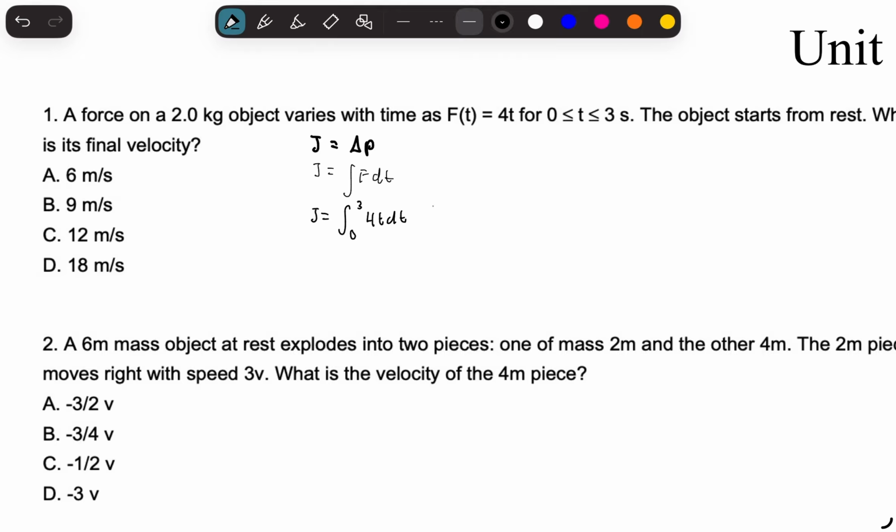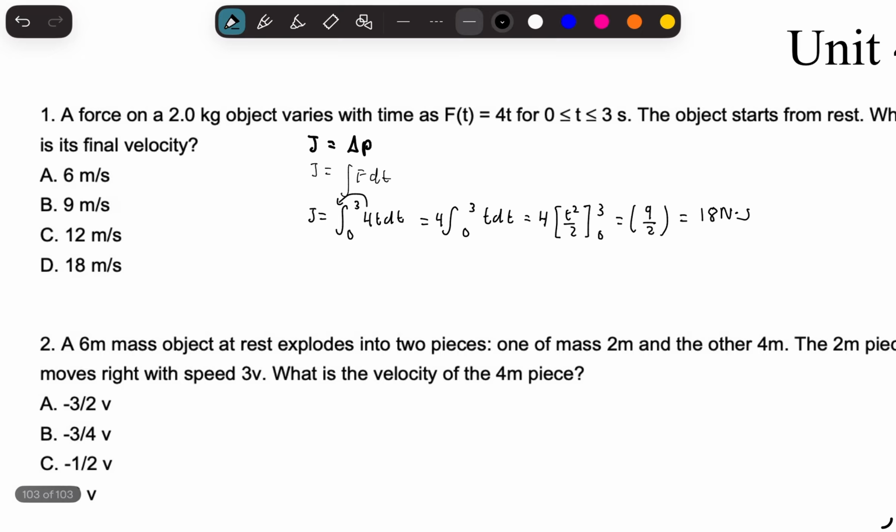So now we just evaluate the impulse. We factor out the 4, which gives 4 times the integral from 0 to 3 of t dt. This is equal to 4 times t squared over 2, evaluated from 0 to 3, which is 4 times 9 over 2, and this is equal to 18 newtons times seconds.